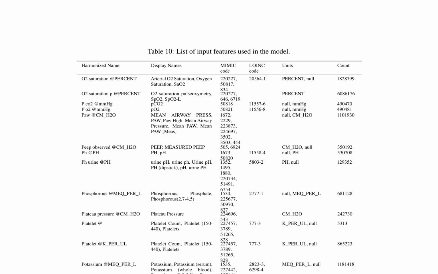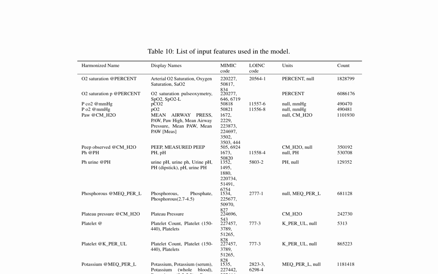The comprehensive list of input features used in the model consists of 35 distinct variables, each with its harmonized name, display name, mimic code, LOINC code, unit, and count. These features encompass a wide range of physiological and laboratory parameters, including oxygen saturation, blood gas values, respiratory rate, and blood cell counts. A detailed mapping of each feature to its respective codes, units, and count ensures consistency and standardization across the dataset.